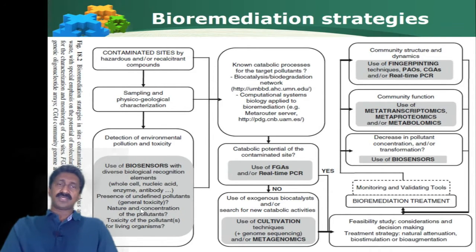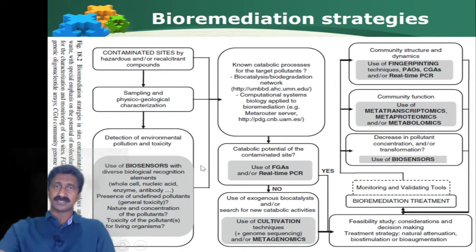Then the nature and concentration of the pollutants needs to be determined. Then the toxicity of the pollutants for living organisms, if any, needs to be estimated. All these things need to be done as a part of an assessment of the toxic effects of such pollutants on the environment.